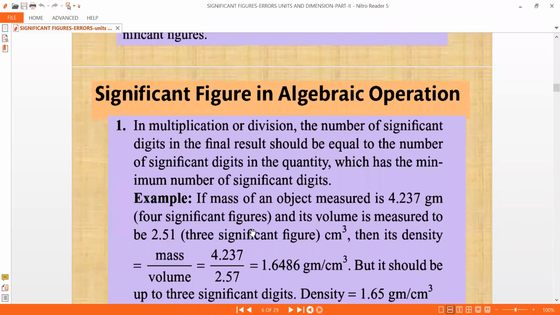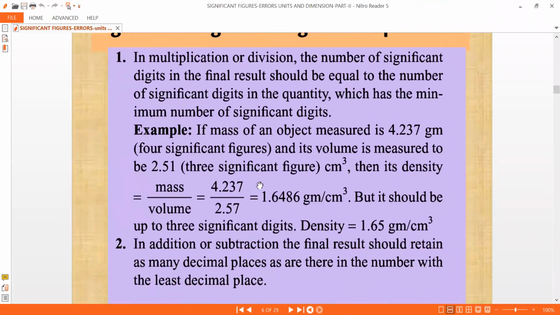Significant figures in algebraic operations. While doing algebra, only one thing you have to remember in this entire thing. Any algebraic operation means either you add, subtract, multiply, or divide something.